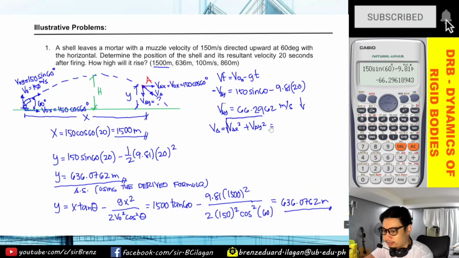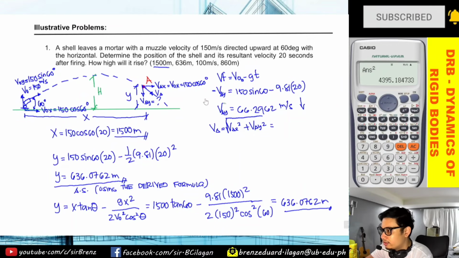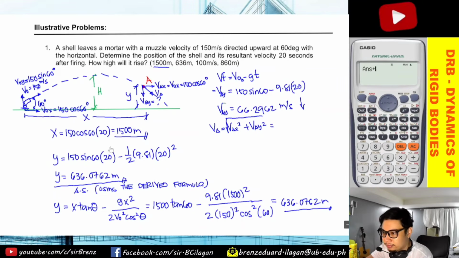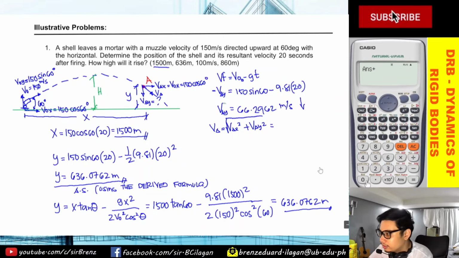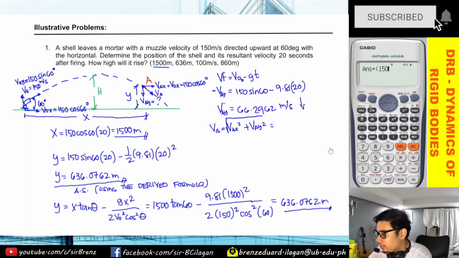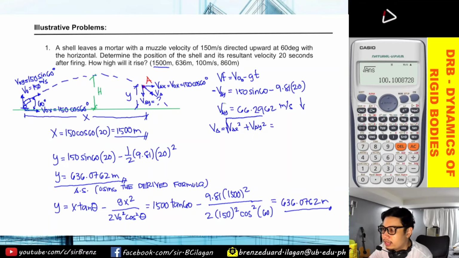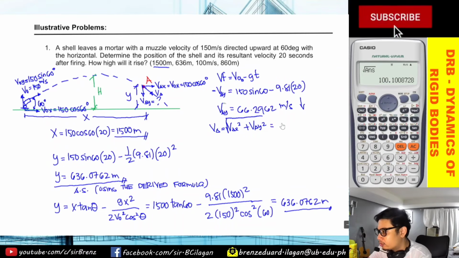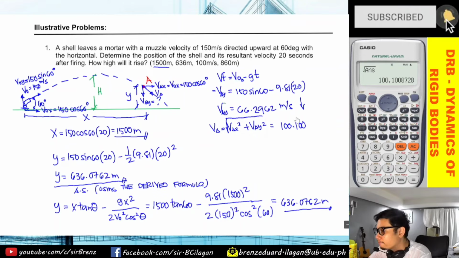Ayan. Shoot, nakalimutan ko mag-store. So, answer squared plus 150 cosine 60 squared. The square root of that answer. So, 100.9. Anyway, it's most probably rounding off lang yan. So, meter per second.